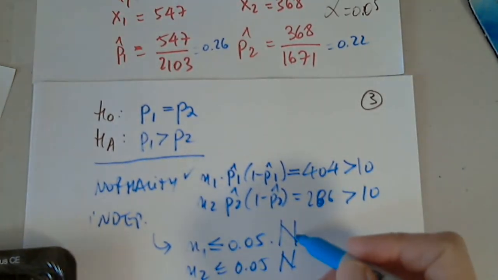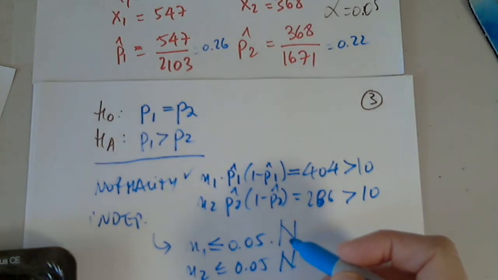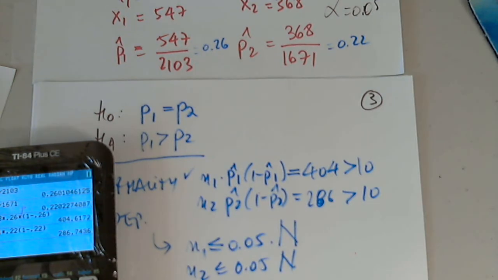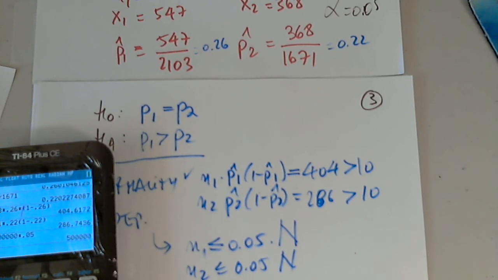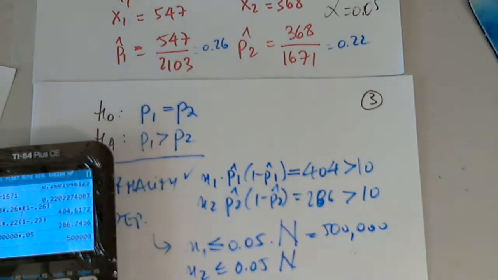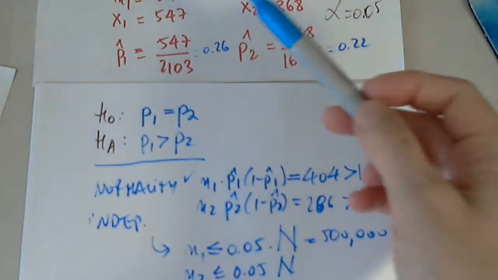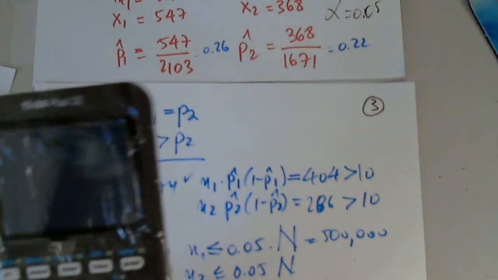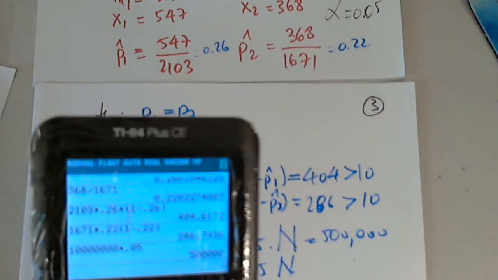Even if we are only considering 10 million, if you multiply 10 million by 5%, which is 0.05, you get 500,000. Our sample sizes are 2,103 and 1,671 respectively. Good, so now we are ready to conduct the test. Both conditions are fulfilled for both samples.